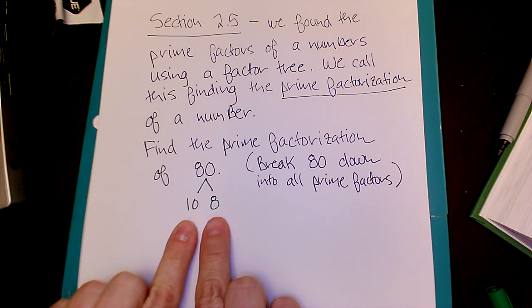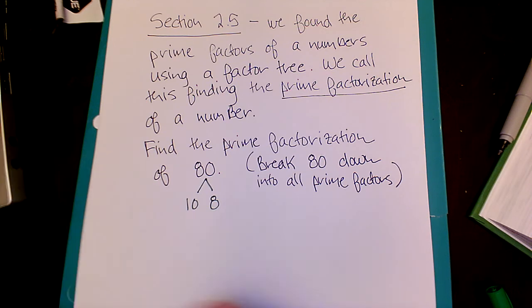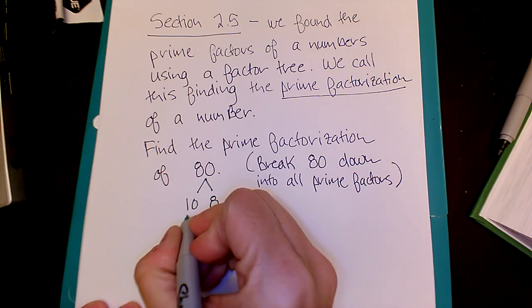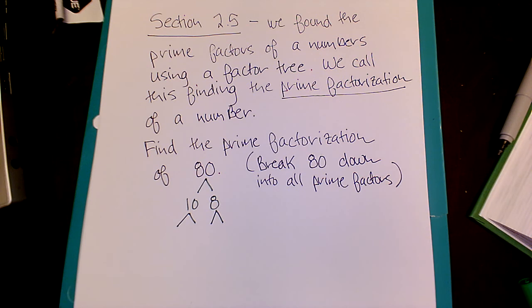So then I look at the bottom of my branches at the 10 and 8. Are either of those prime? No. So I keep going. I'm going to branch off again. More branches.